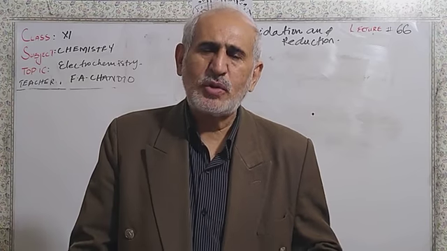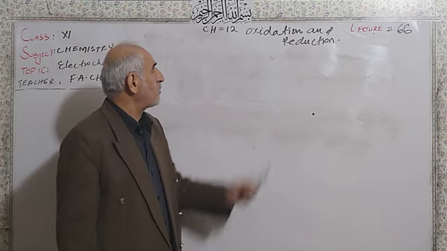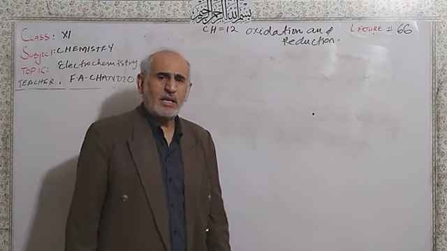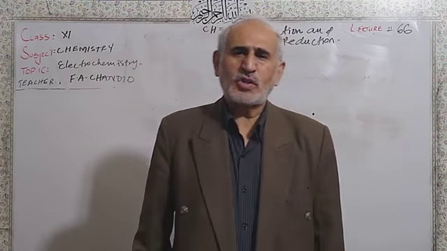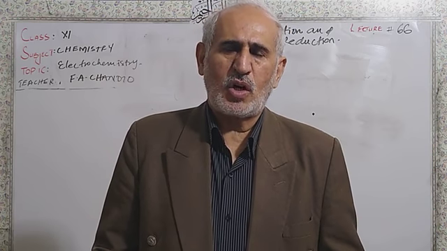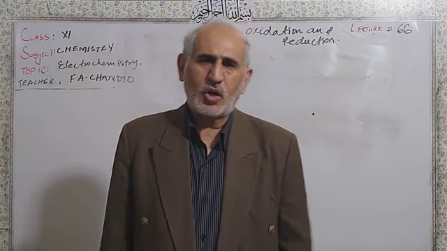In lower classes, you've done three definitions of oxidation. Oxidation is a gain of oxygen, like iron changing into rust, or removal of hydrogen, or loss of electrons, and an increase in oxidation number.